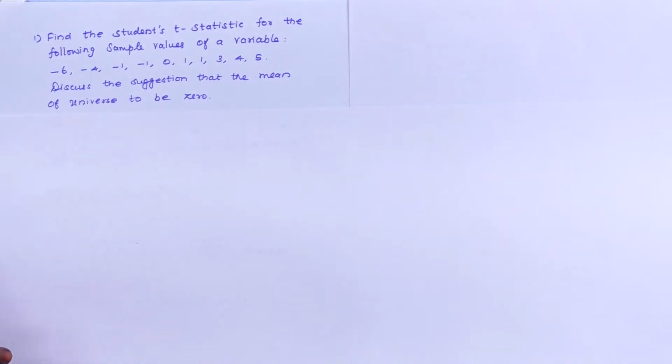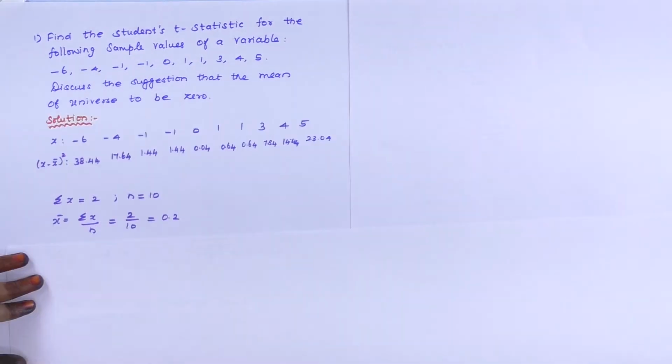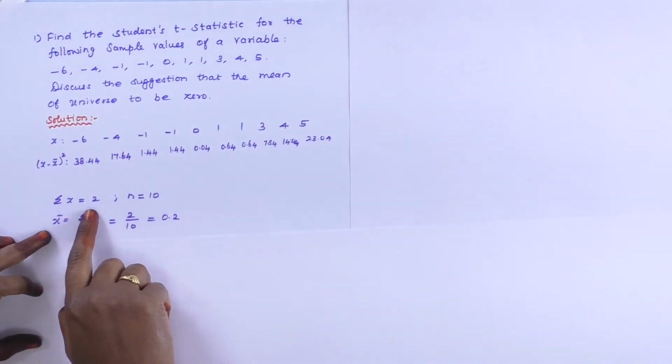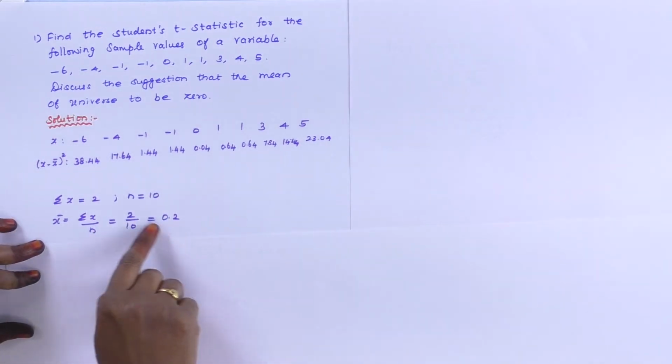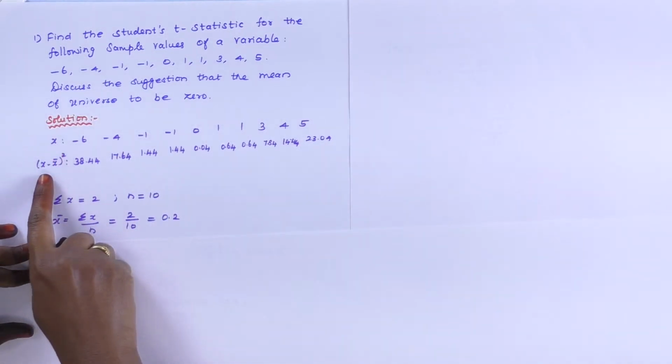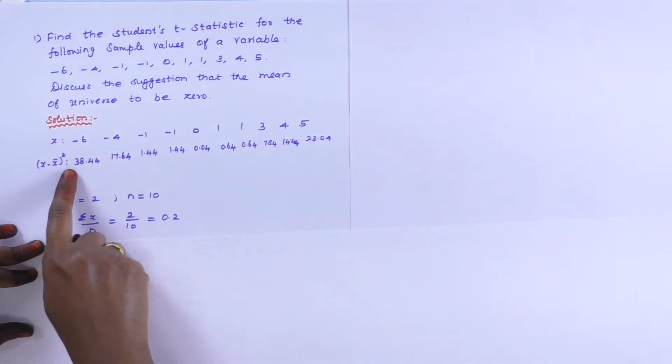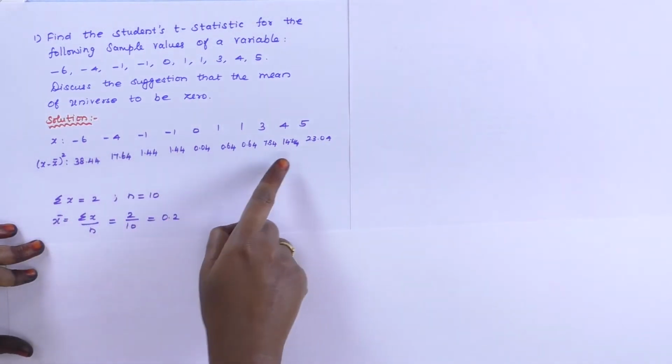After getting our x bar value, next we want to calculate x minus x bar the whole square for each given data. Here the sum of x is equal to 2, sample size is 10, so x bar is equal to 0.2.